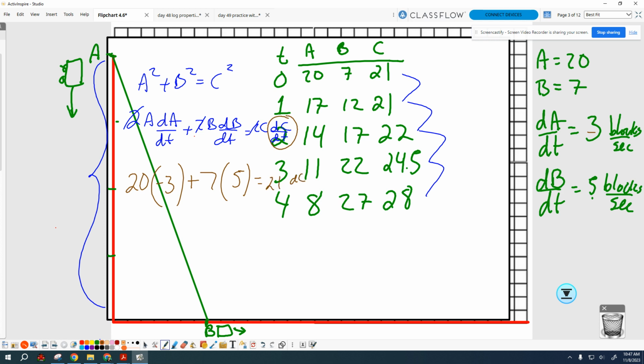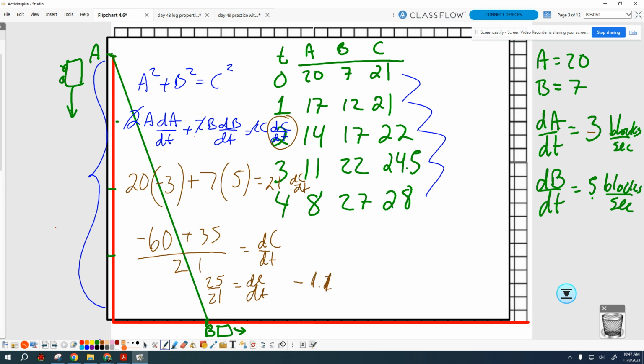And what did we calculate C as to start? 21. All right, you can use a calculator. What do we get for this? 1.19.